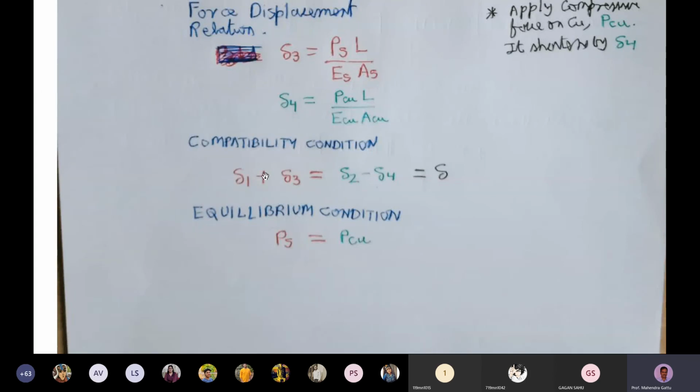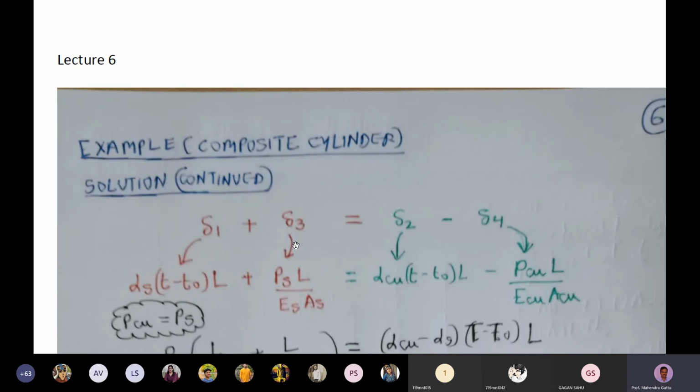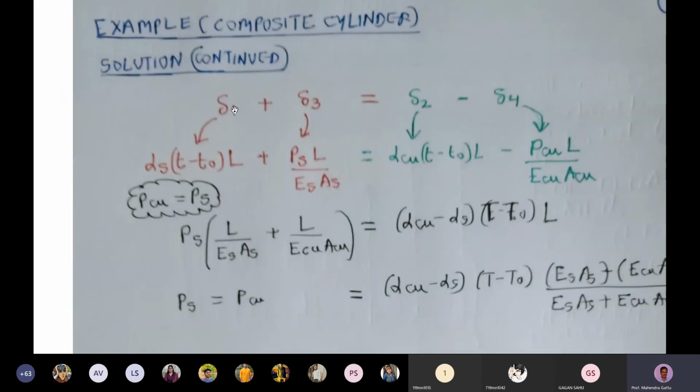First, we'll start with the compatibility condition, and then from there we use the force displacement relations and get the P value. This is our compatibility condition: delta 1 plus delta 3 is delta 2 minus delta 4.